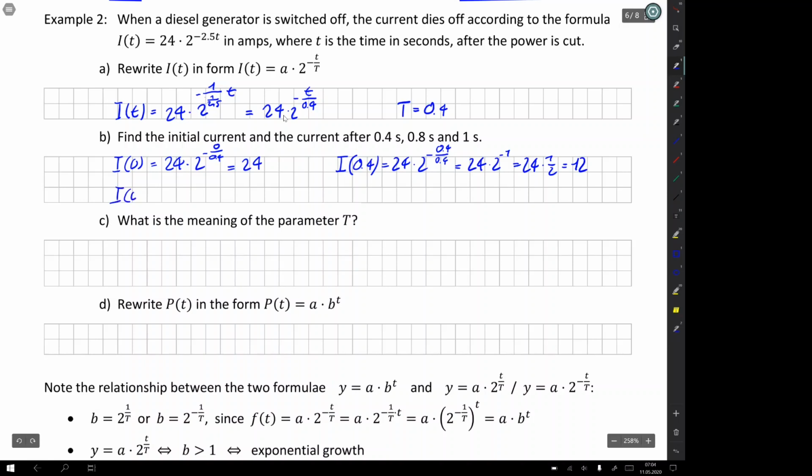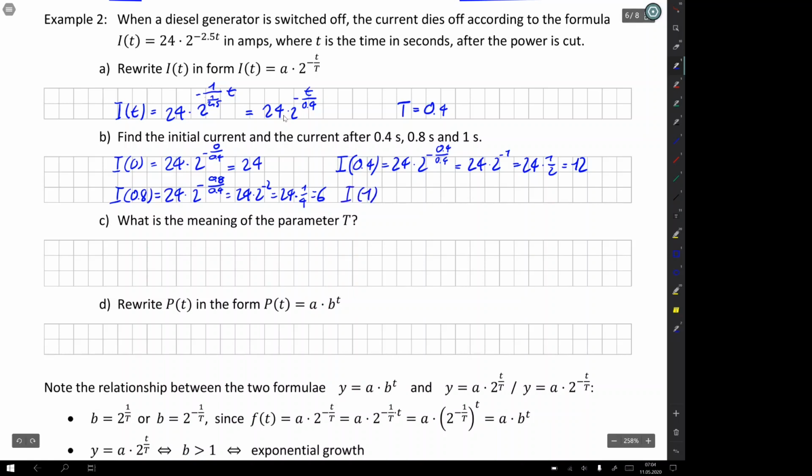The current after 0.8 seconds: 24 times 2 to the power of minus 0.8 divided by 0.4, so 24 times 2 to the power of minus 2. 2 to the power of minus 2 is the same as 1/4, so we find that it is 6.